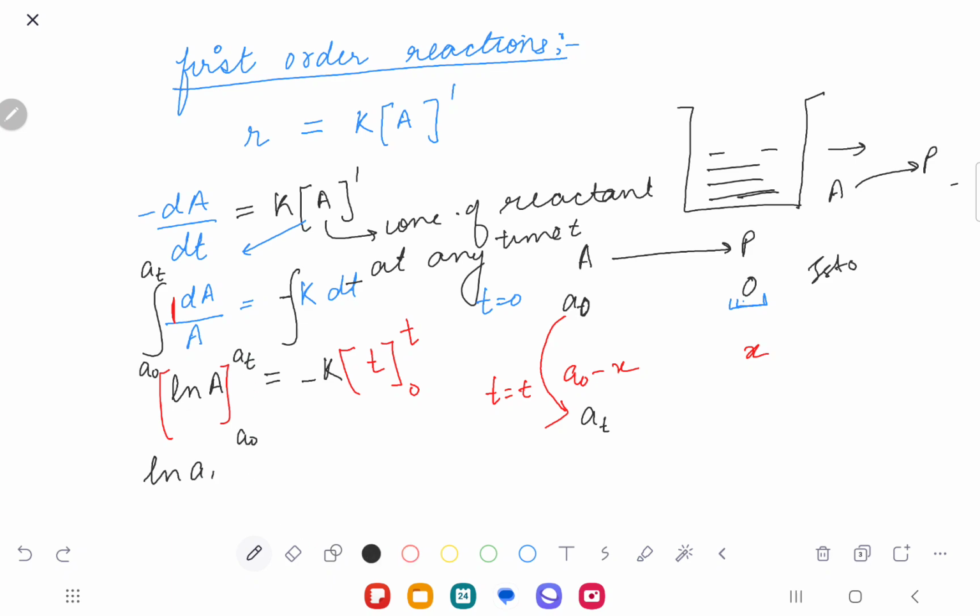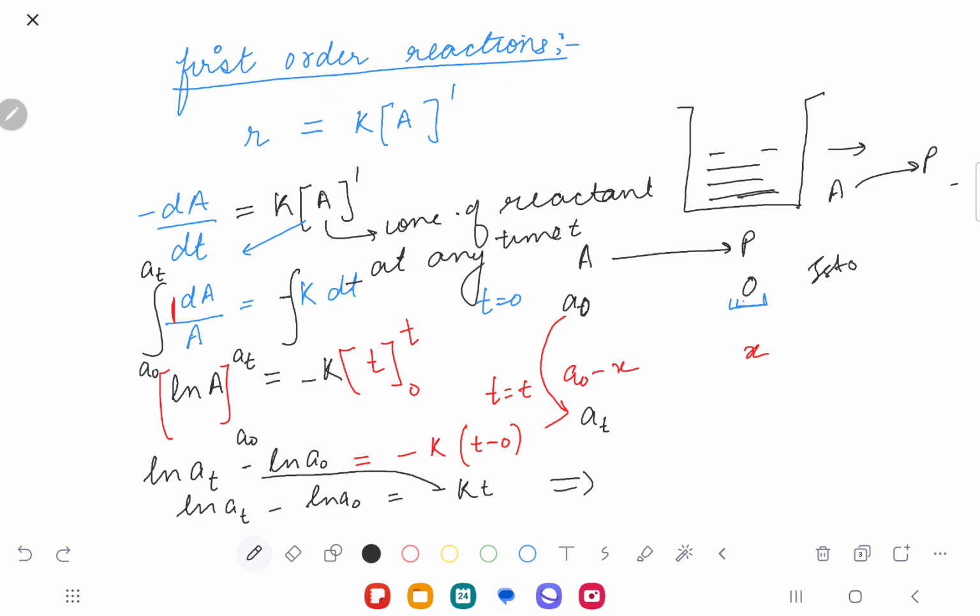So it is going to be ln AT minus ln A naught, because we are doing upper limit minus lower limit. That is going to become minus KT minus 0. So minus KT equals ln AT minus ln A naught.